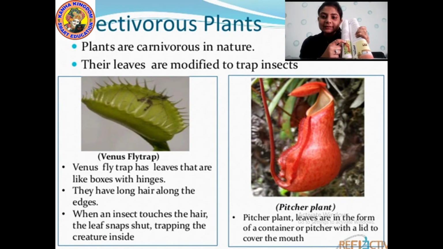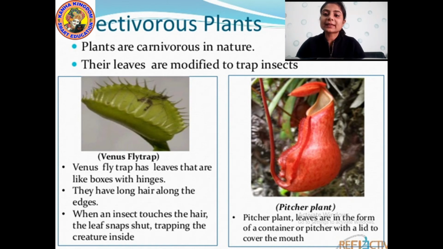If any insect comes and sits on the edges of this plant, it gets inside, slips and falls, and it is trapped inside the plant.